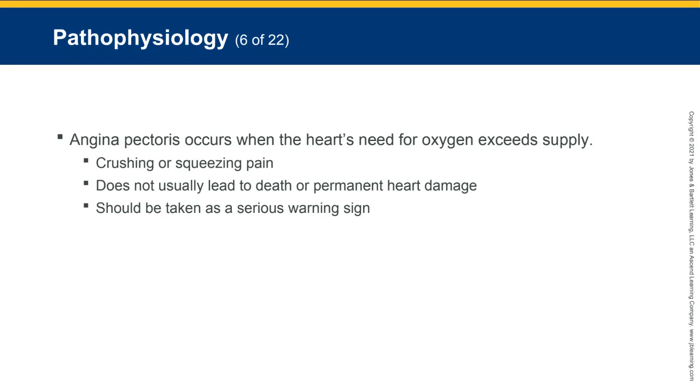Angina pectoris occurs when the heart's need for oxygen exceeds supply. So if the patient is doing an activity that demands a significant amount of cardiac output and they're not used to that activity, it can lead to chest pain or angina pectoris because the activity exceeds the supply of the cardiac output.